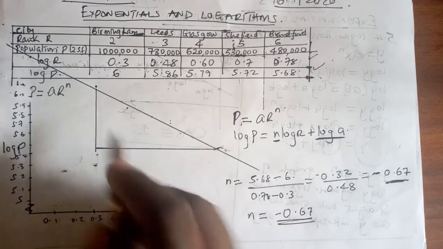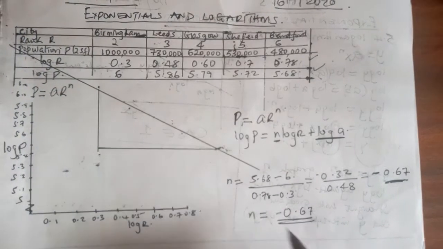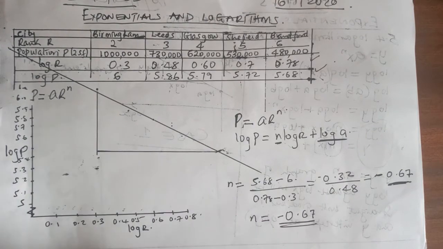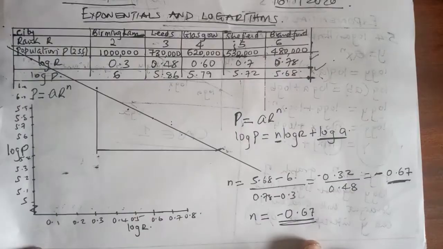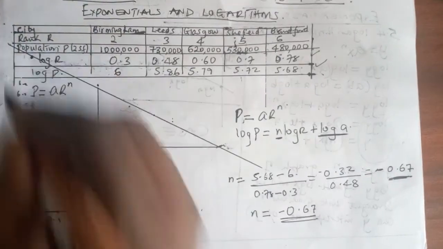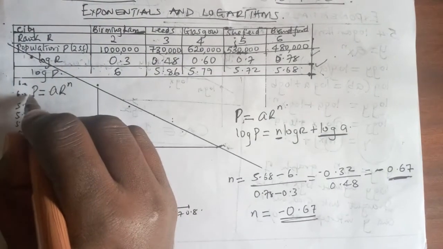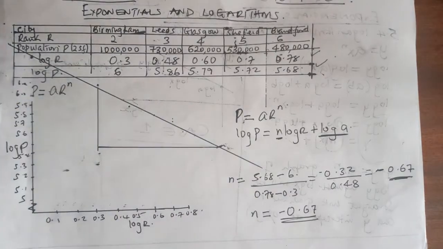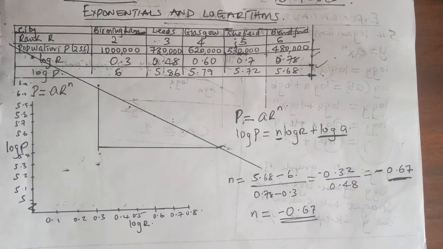And sure enough, you can see our line has a negative gradient. But what about A? Our value of A happens to be related to the y-intercept, and the y-intercept is going to be here. It is around 6.2.